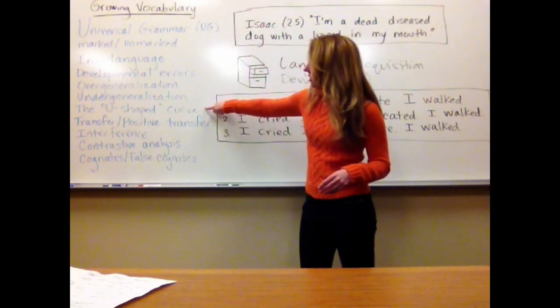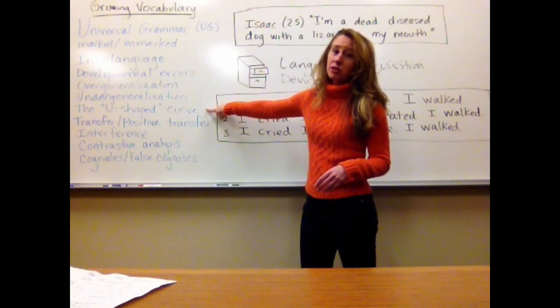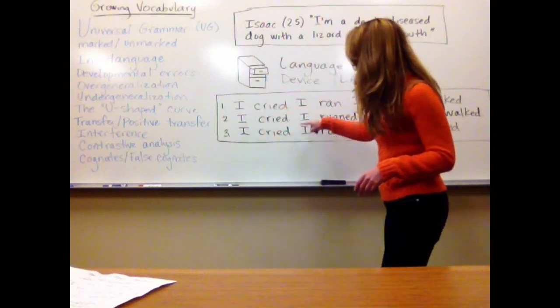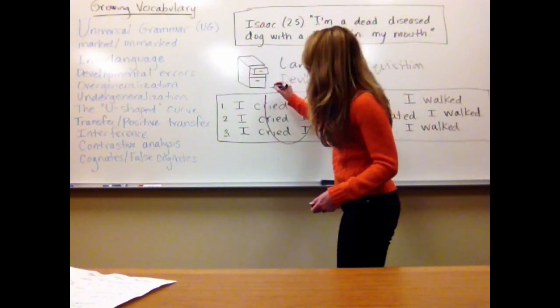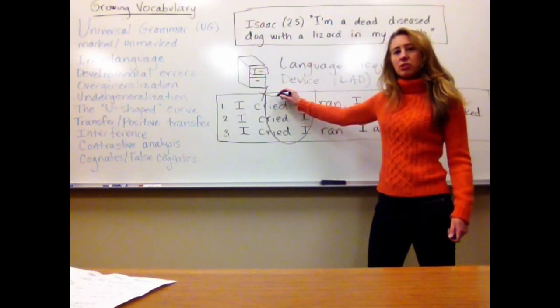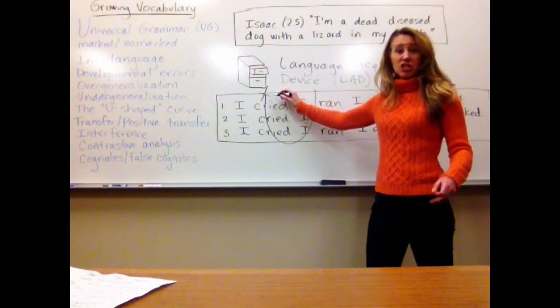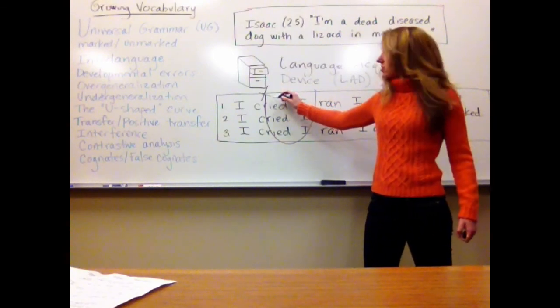Now, under generalization, I have this term, the U-shaped curve. And it looks like this, right? So at first, the child is producing language that looks native-like. It looks like it's language that's been mastered.